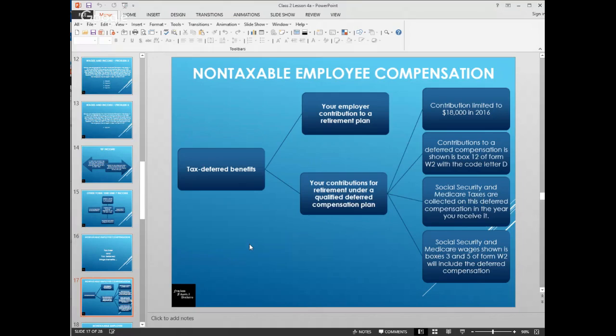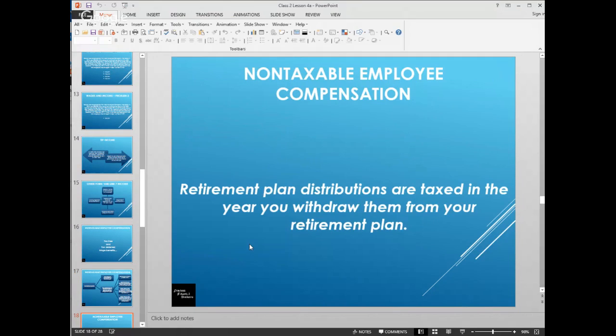This would be anything that you put towards a 401k, or contributions to an IRA. Any compensation that you put into a qualified plan would be deducted from your taxable amount in line 1.